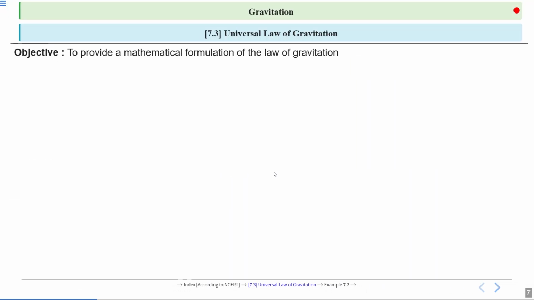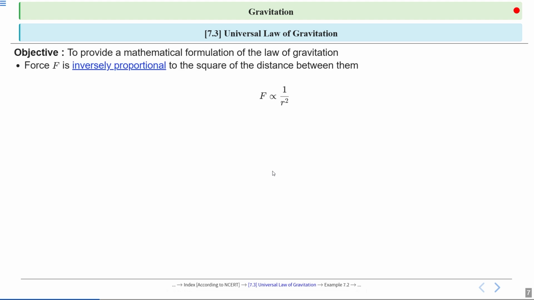So, let's start by discussing the relationship between force and distance. The gravitational force, denoted as capital F, is inversely proportional to the square of the distance between two bodies, or we can say between two objects.